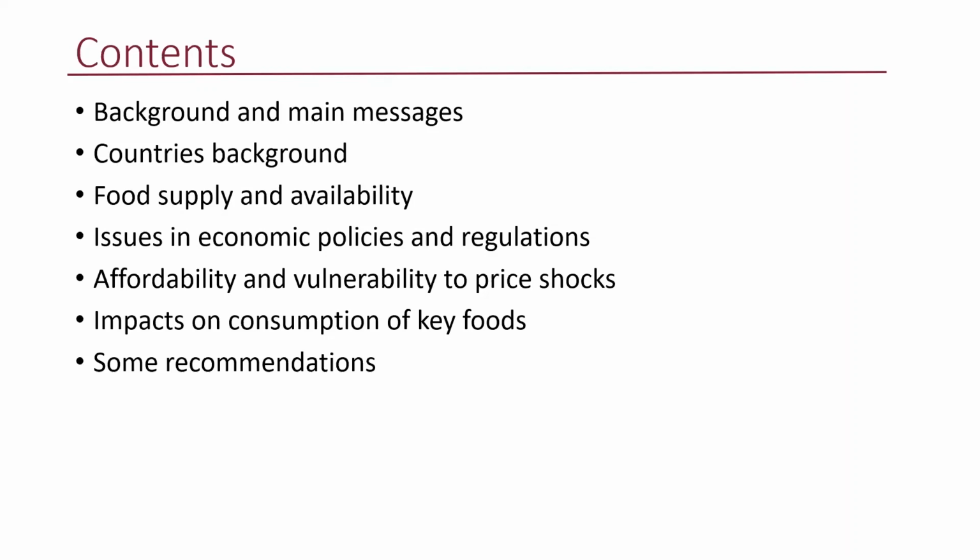What were the impacts of these price shocks and trends in the macro environment on consumption of key foods related to non-communicable diseases in both countries? And then I will conclude with some policy recommendations.